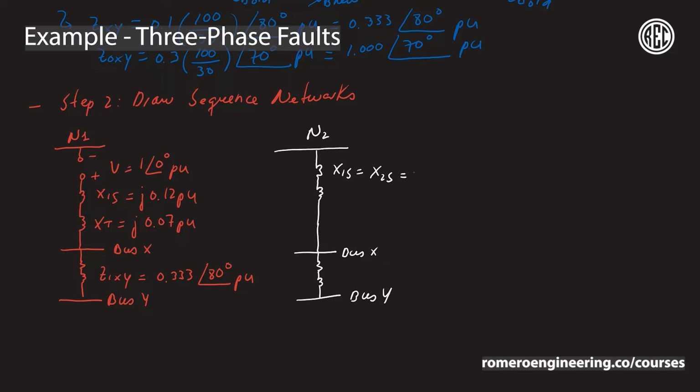And again, that's equal to J 0.12 per unit. Then we have the transformer over here, XT, that's again equal to J 0.07 per unit. And then lastly, we have here the feeder negative sequence impedance. So Z1XY is equal to Z2XY is equal to 0.333 at 80 degrees. And this is again in per unit.